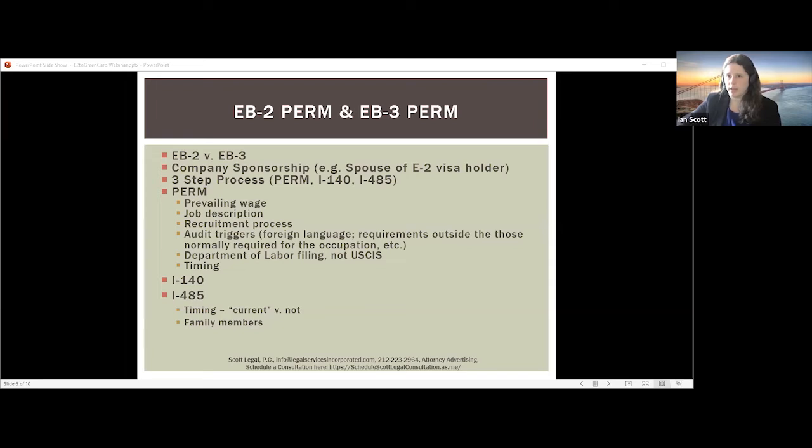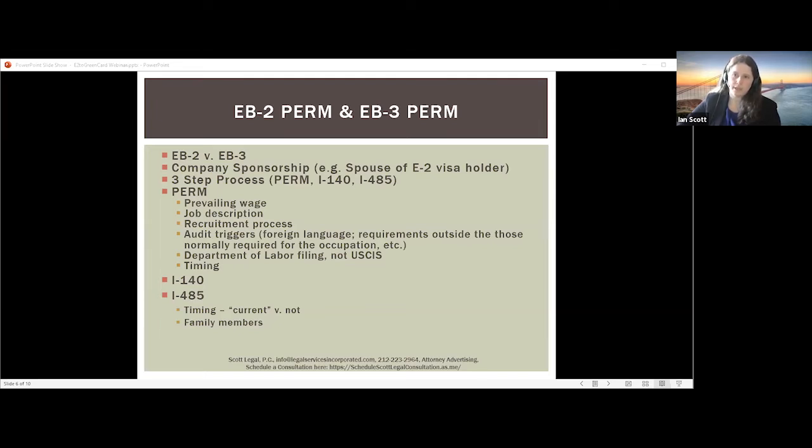Similarly, sometimes we've had clients where, with their E-2, they have multiple business-to-business relationships, and one of those US companies makes them a job offer for the future, and they are then able to go through this EB-2 or EB-3 perm process to be sponsored for a green card. So the EB-2, as discussed in the previous slide, does have some threshold requirements to qualify. You do need to have that advanced degree or equivalent or exceptional ability.